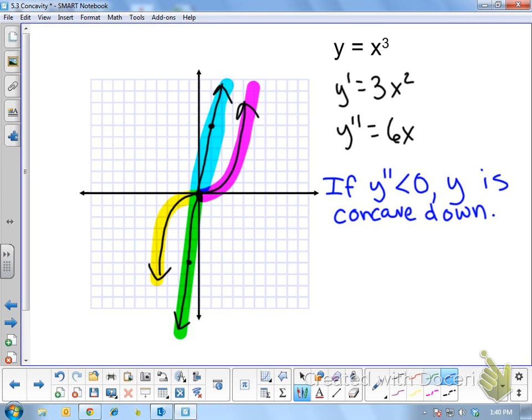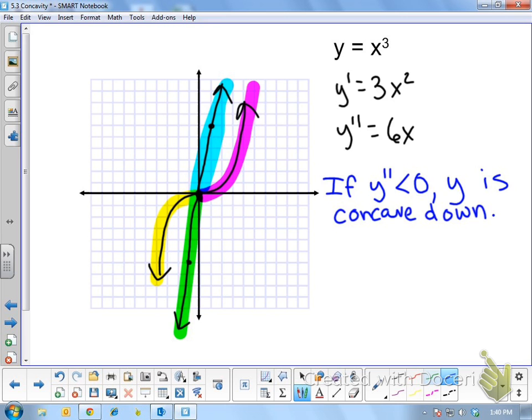So just like y prime being less than 0 told us something about the original graph, y double prime being negative tells us something about y. So what would happen if we're looking at this other interval?